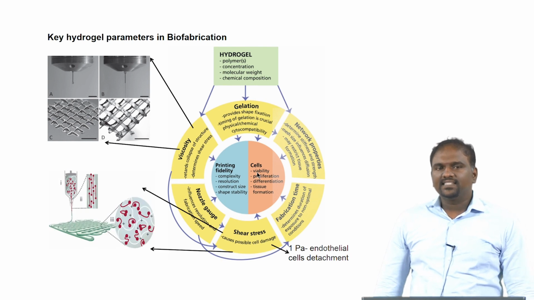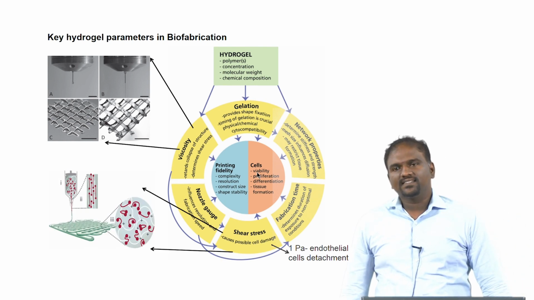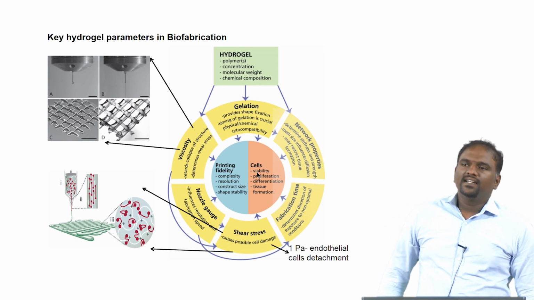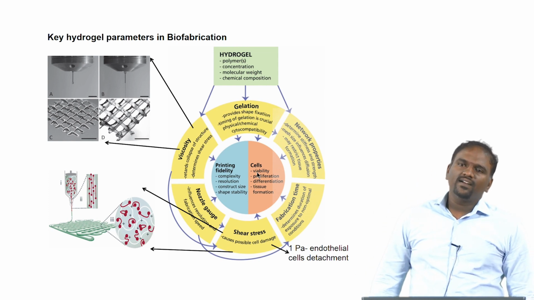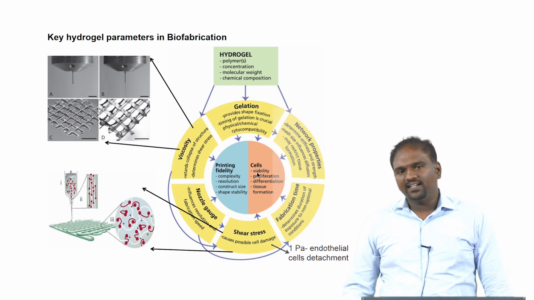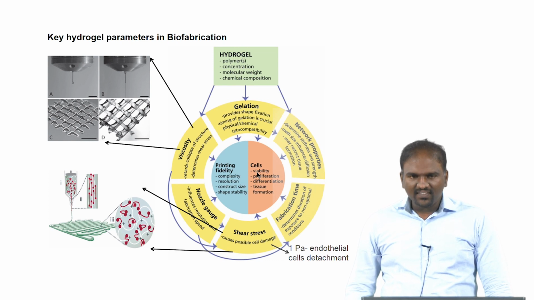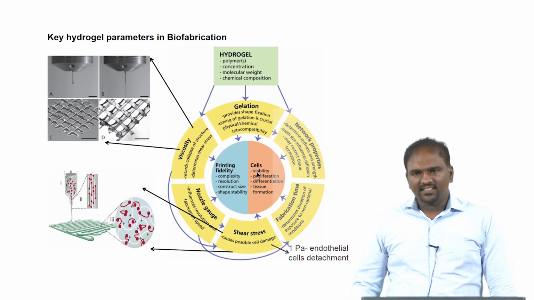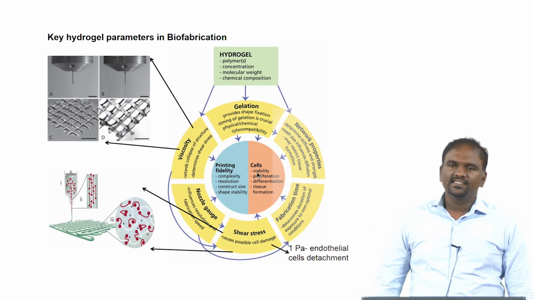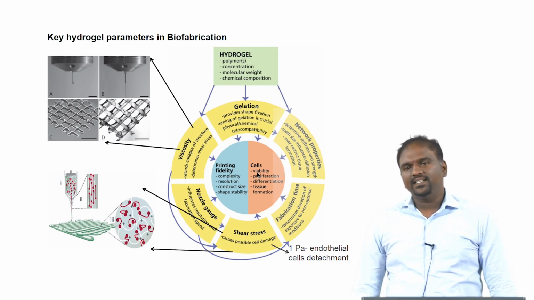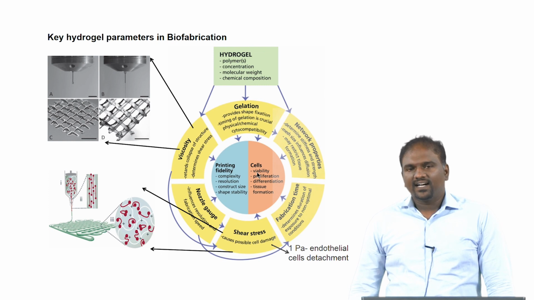The next property related to shear stress is shear thinning. In shear thinning, when the polymer solution is in the needle or dispenser, it has one structure, and when we apply some shear to it, shear thinning happens and the structure is reformed or reorganized.